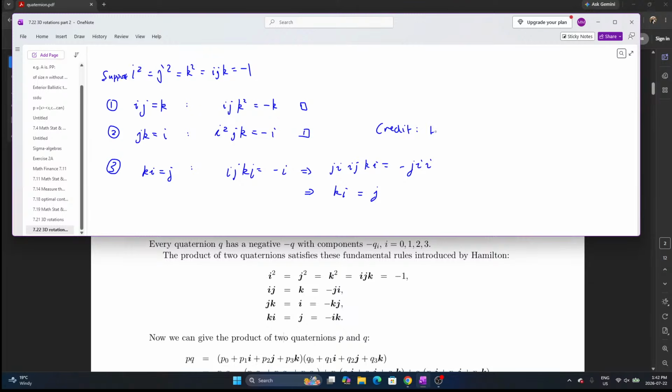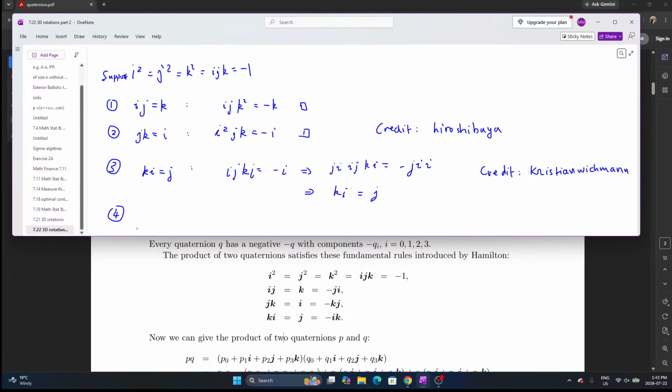Hiroshi taught me the second one, and this one is due to Christian.